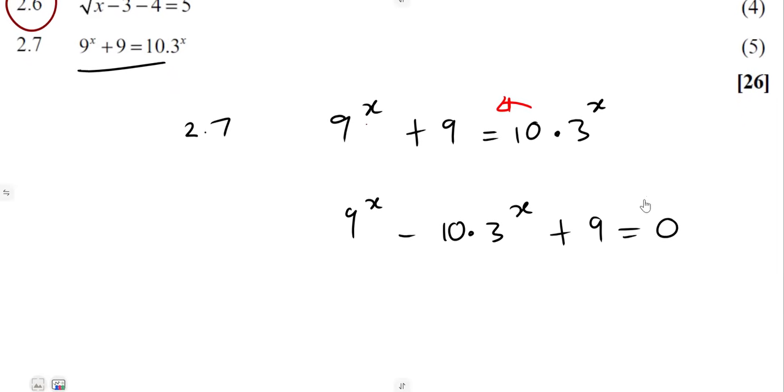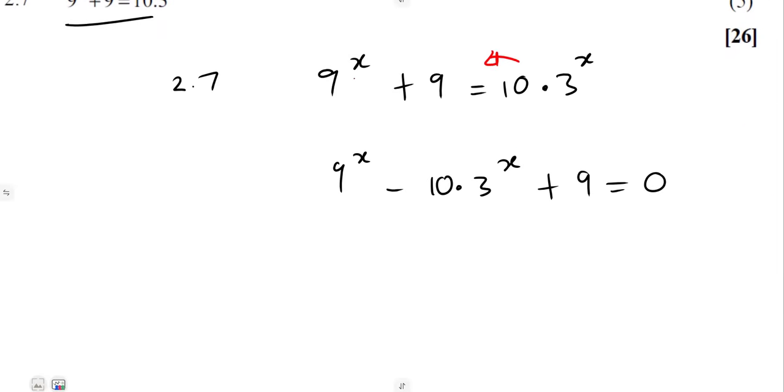As we can see, this here is a disguised quadratic equation. 9 can be written in the base of 3, but that will be 3 squared raised to the exponent of x. Guys, writing this as 3 to the exponent of x raised to the exponent of 2 is still one and the same.